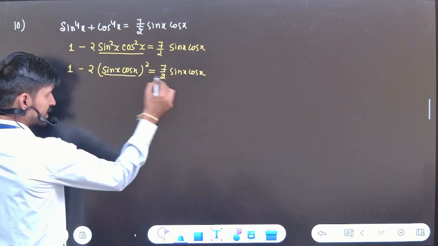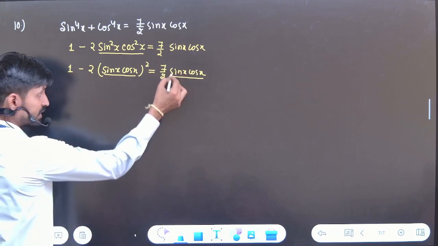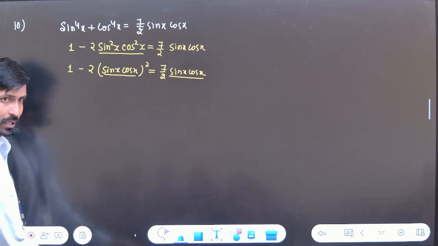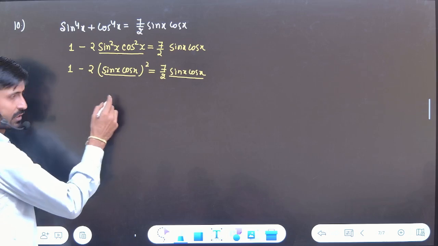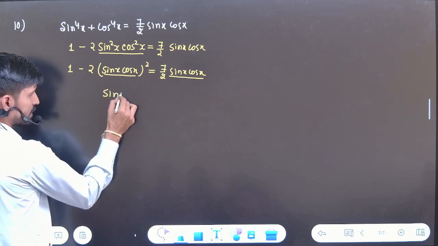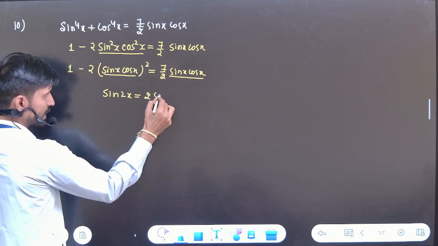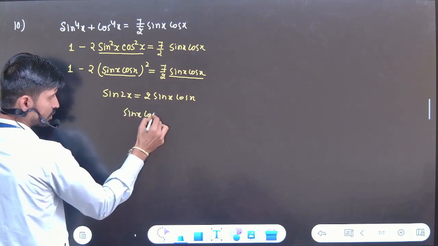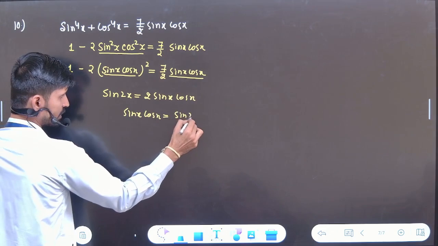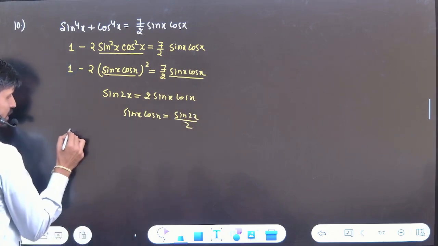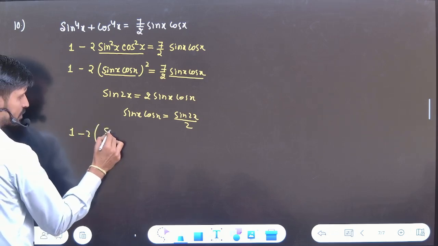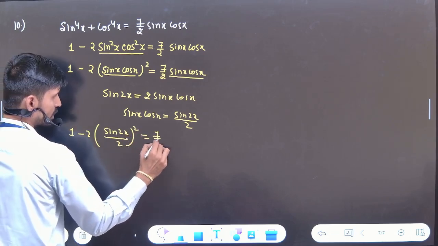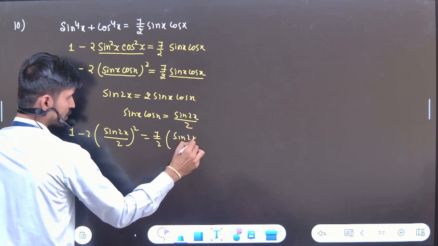Now, can you say sin x into cos x? If you consider this t, that will become t^2, quadratic or not? But you will not change to t here. You will write sin 2x is equal to 2 sin x cos x. So can you write sin x cos x is equal to sin 2x by 2? So you write here 1 minus 2 (sin 2x by 2) whole square is equal to 7/2 (sin 2x by 2).